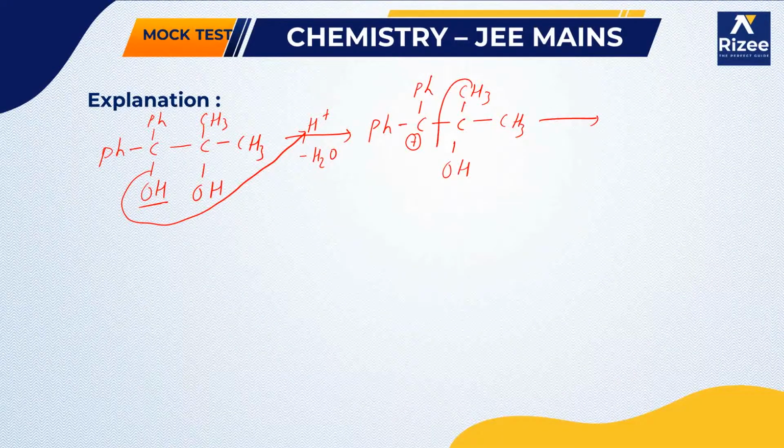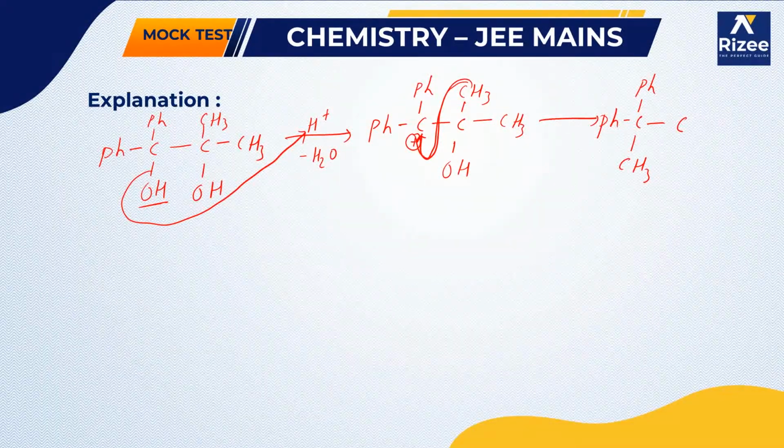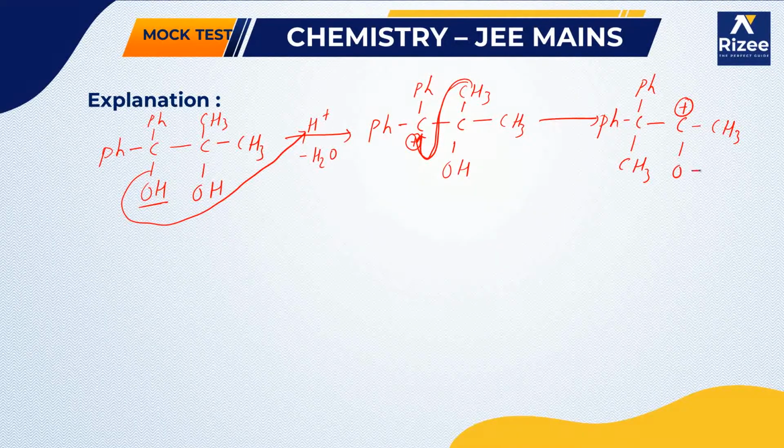Now, this methyl will shift to this carbon. So, we will get Ph, the phenyl group, and here the CH3 is coming to this carbon. Rearrangement is taking place. Again, this carbon will attain a positive charge, a carbocation is formed, with the OH.